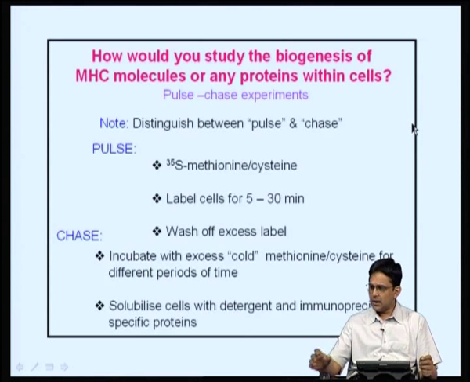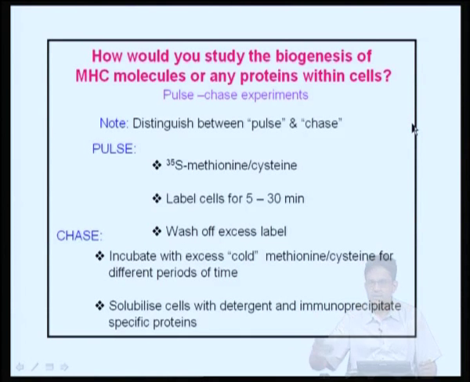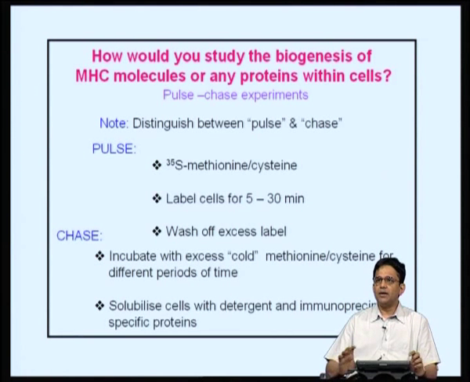Now, how does one study MHC biogenesis? One critical technique that has been used in this process is something known as pulse-chase experiments. I hope you are somewhat familiar with it. So, what do you mean by pulse and what do you mean by chase?